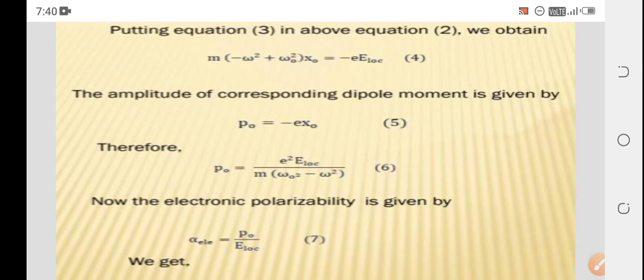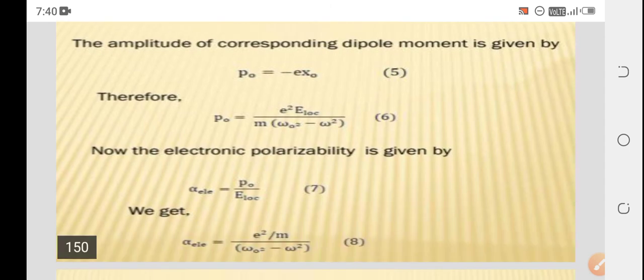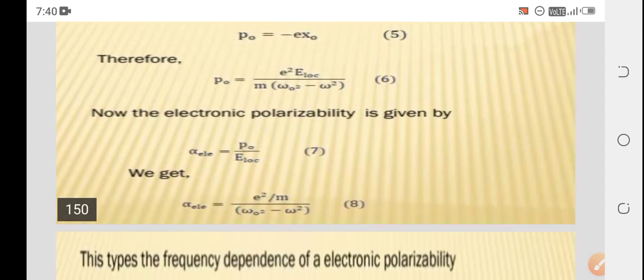The amplitude of the corresponding dipole moment is given by P equal to minus e x naught, equation 5. Therefore P equal to e square E local by m of omega naught square minus omega square, which we take as equation 6. Now the electronic polarizability is given by alpha electronic equal to P by E local, which we take as equation 7.